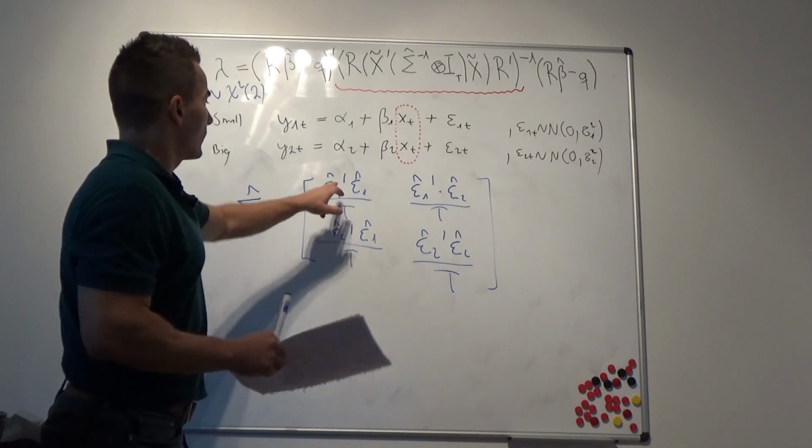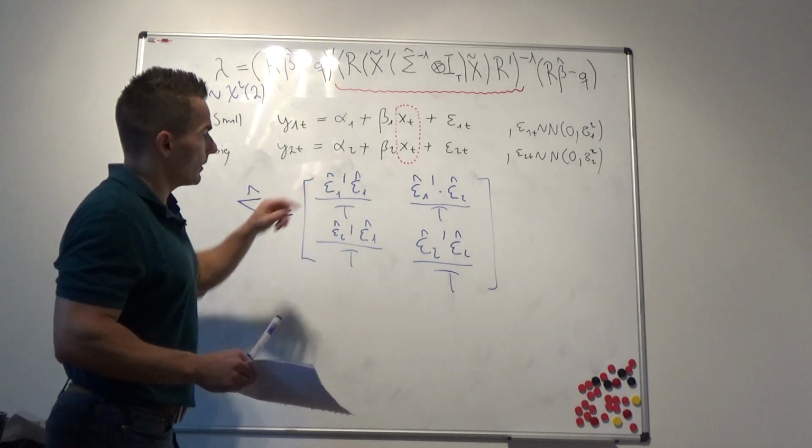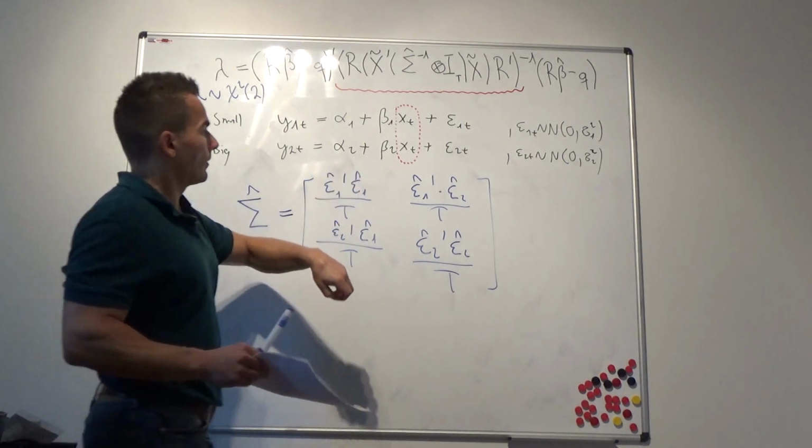If you transpose this vector, it's 1 by T times T by 1, which is 1 by 1, divided by T. So this is a number.